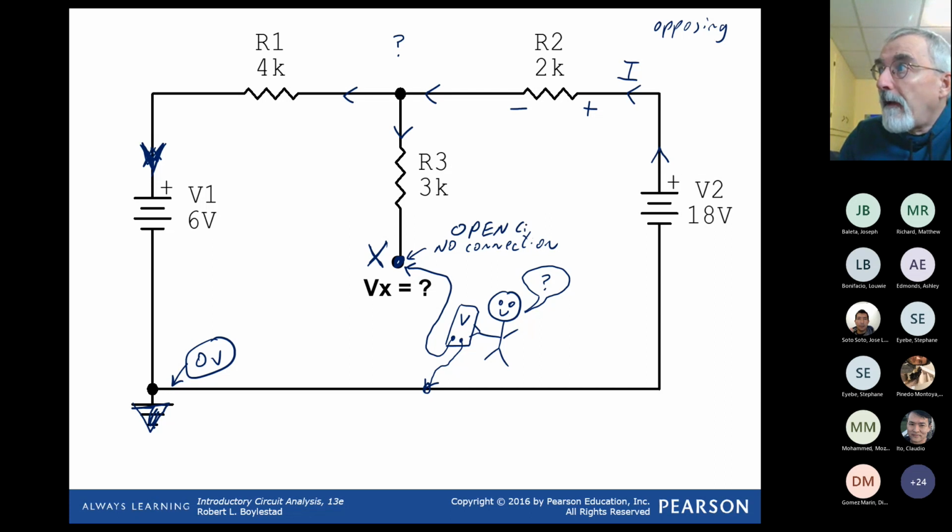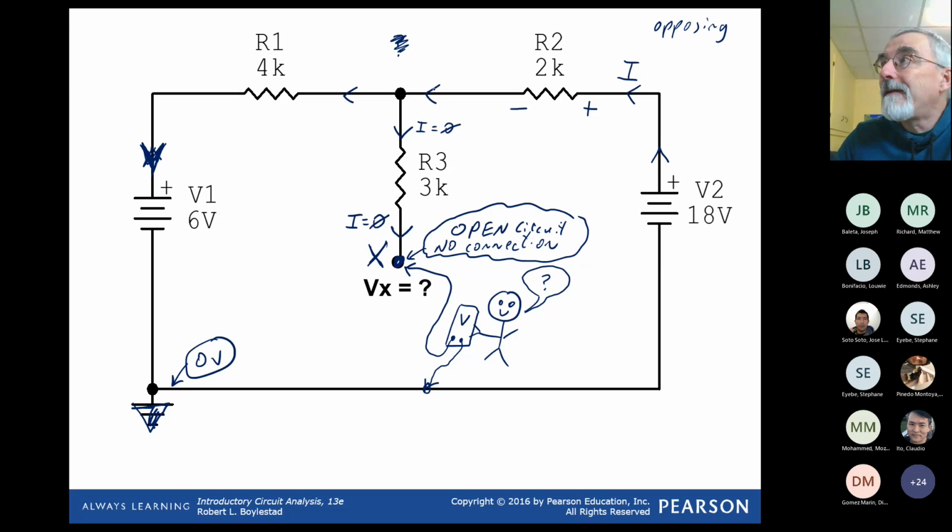So at this point, we have an open circuit. We know that at an open circuit, there will flow 0 current. That is one of the definitions of an open circuit, no current. So no current. That makes our decision very easy.